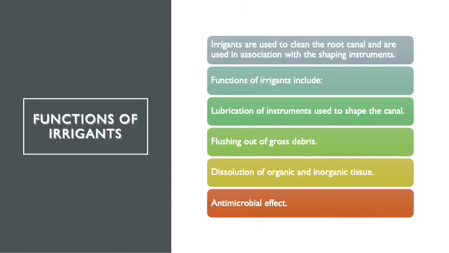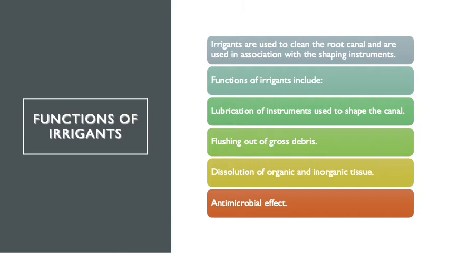Okay, so the functions of the irrigants are used to clean the root canal and are used in association with the shaping instruments. Their functions mainly are lubrication of instruments used to shape the canal, so that they decrease the friction and decrease the risk of instruments getting stuck and fractured inside the canal.